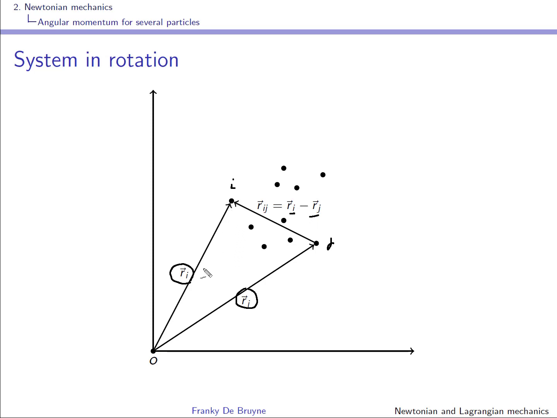How can you see this? This is correct, Ri. If I then draw minus Rj, I have something like that, and this is my Rij. Since it's a vector, I can just put it over here, right?